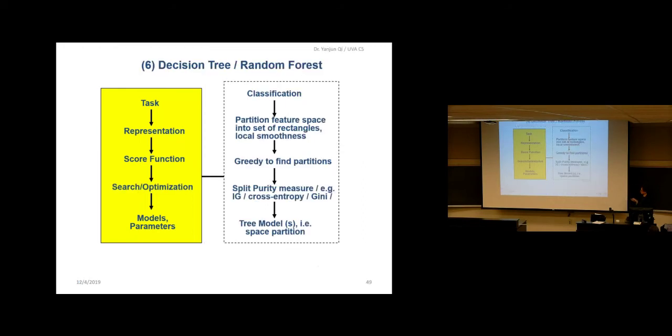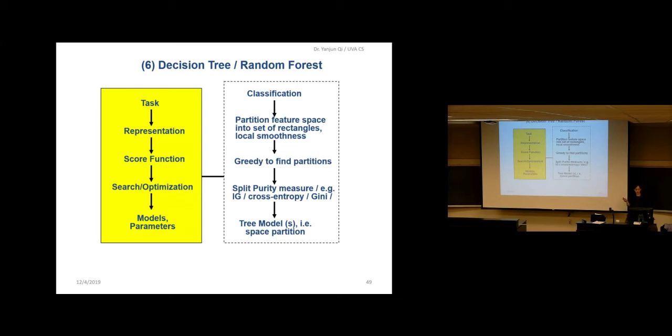All right, so now we move to graph symbolic, which started from the decision tree. The fundamental representation is that they partition the feature space into sets of rectangles, and they assume local smoothness inside each small rectangle. So it's very clear this is a super nonlinear type of model. But how to search?